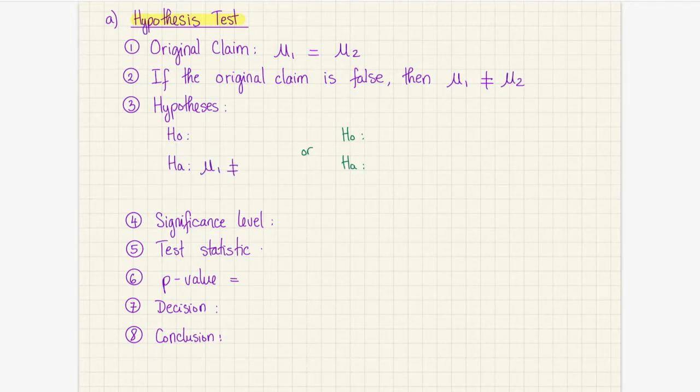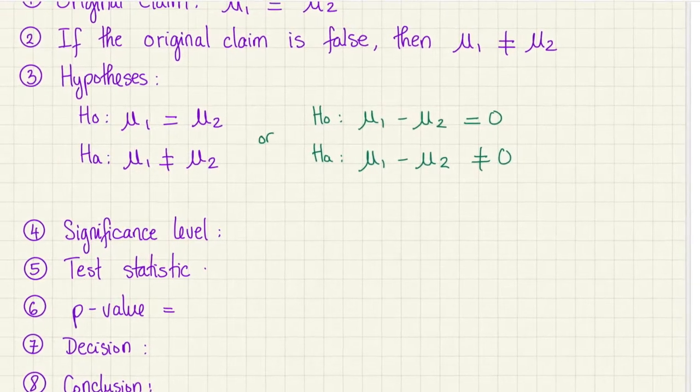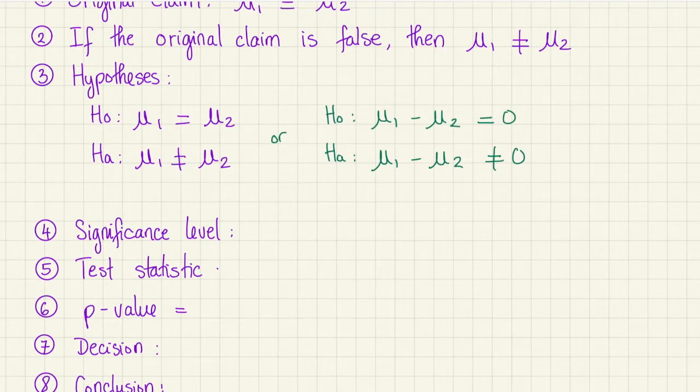HA is mu1 not equal to mu2. H0 is mu1 equals mu2. Or I can bring everything to the left side to have mu1 minus mu2 equals 0 for my H0, and mu1 minus mu2 not equal to 0 for my HA. HA contains the not equal to, so this is a two-tailed test.